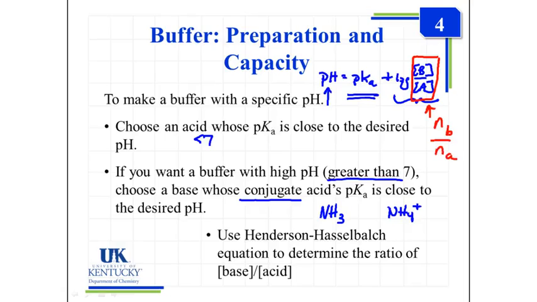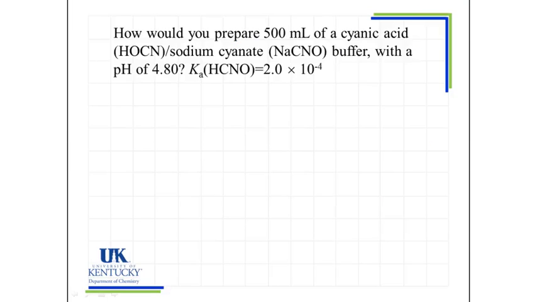And then once you know how many moles of each you're going to need, or the ratio of moles, you can say, well, how many grams would I need to weigh out to get that many moles? Or I'm going to do a dilution and figure out the molarity and the volume I need to get that number of moles.